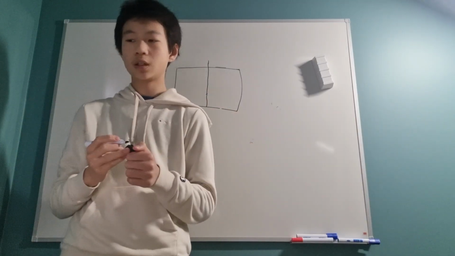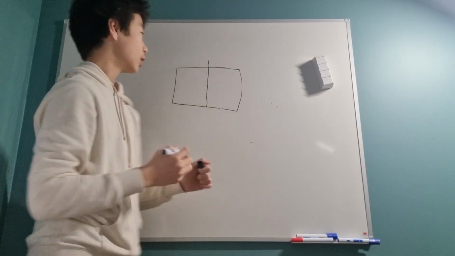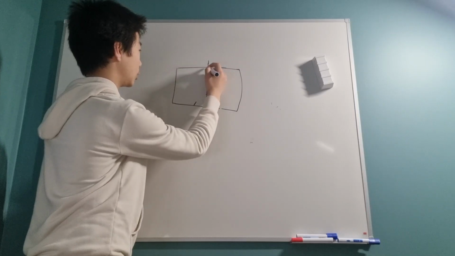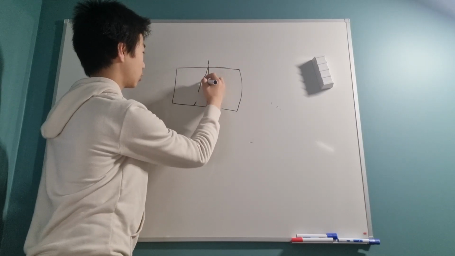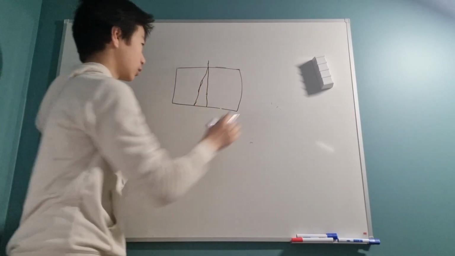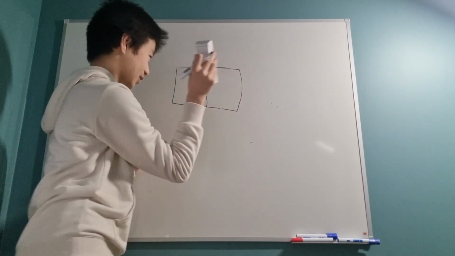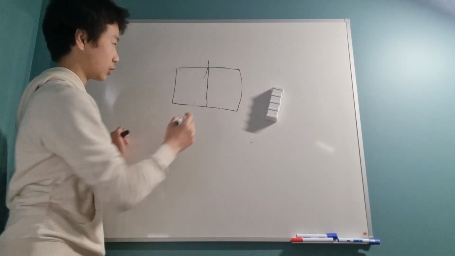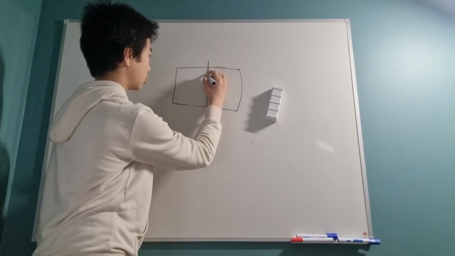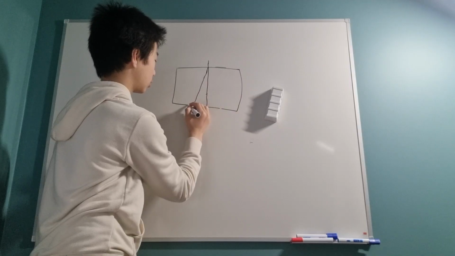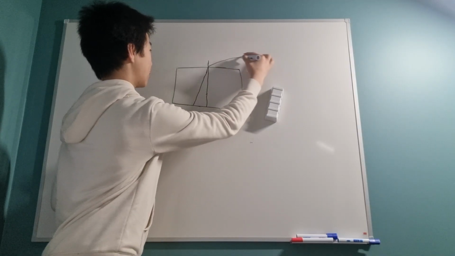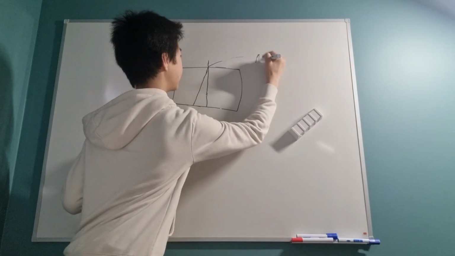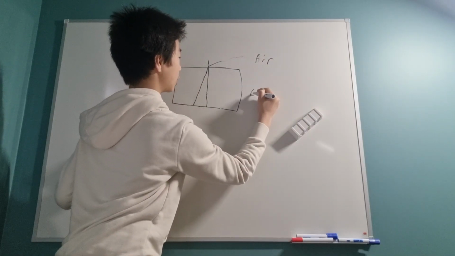So we have the normal, and when light travels through the medium over here, assume this is a straight line. This was not really that straight, but let's just do it again. You can see that the light refracts once it refracts into the air from, let's say, the glass.